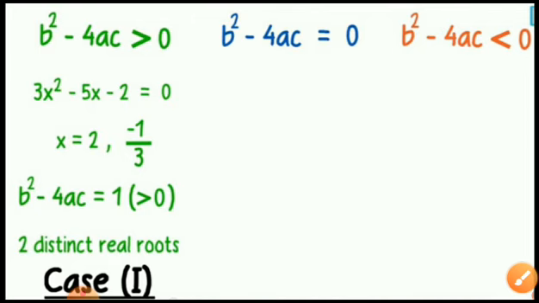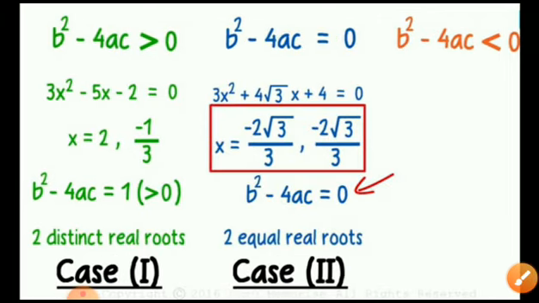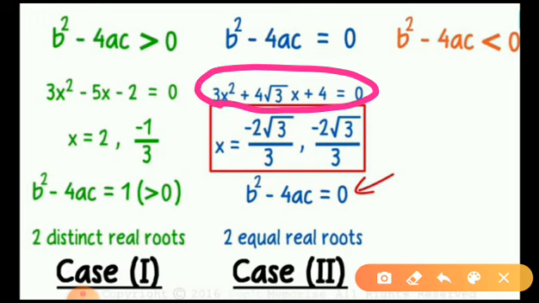Now see case 2. This is the equation 3x square plus 4 root 3 x plus 4 equal to 0. Apply any method and see the roots of the given equation. I get x as minus 2 root 3 by 3, or minus 2 root 3 by 3.